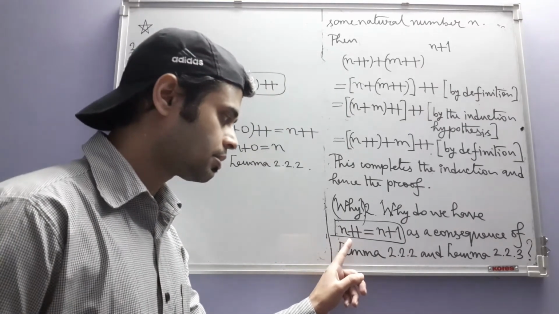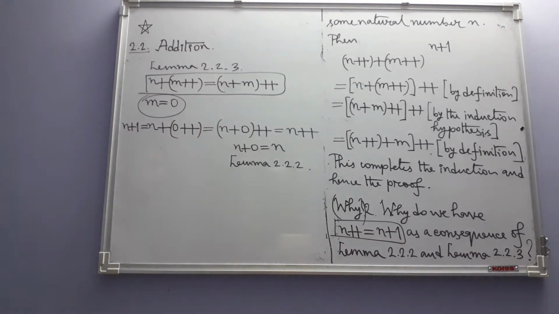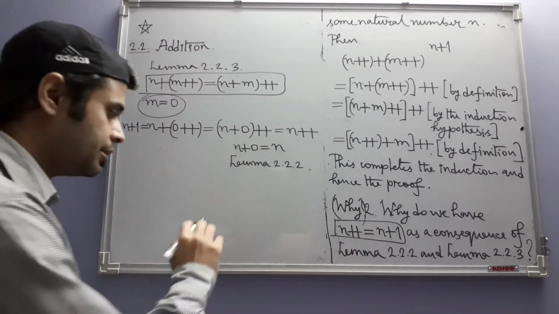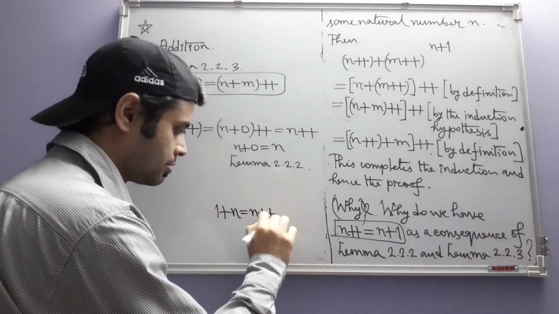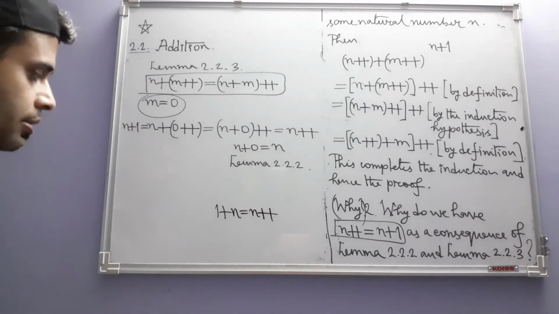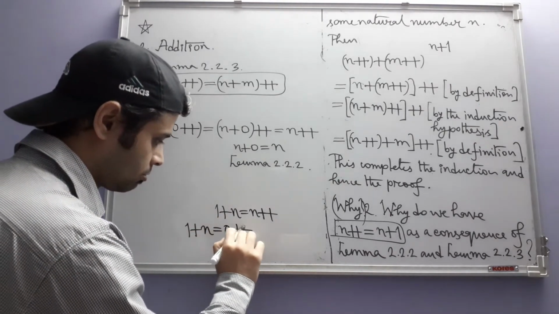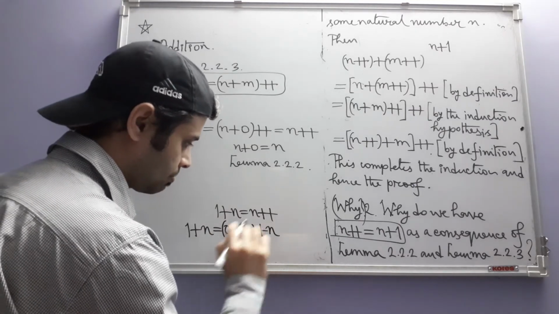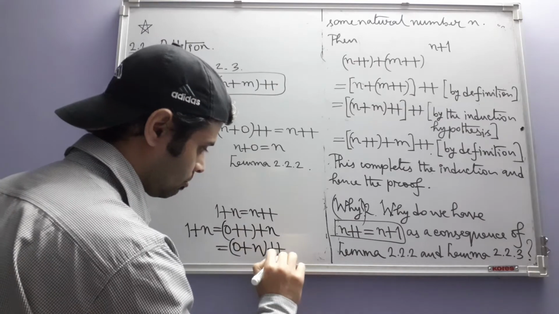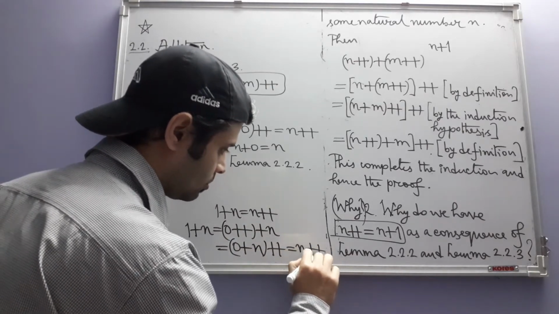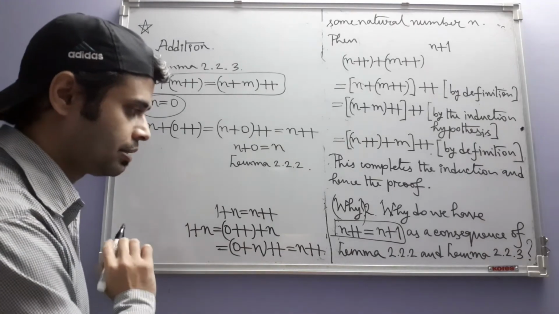That is, the successor of n is n plus 1. I confused this with this identity, 1 plus n equal to n plus plus, which we initially obtained like this. This one comes only from the definition of addition of natural numbers.